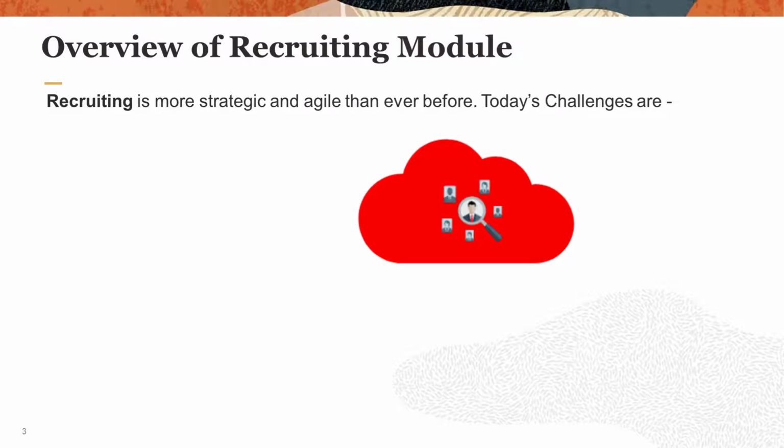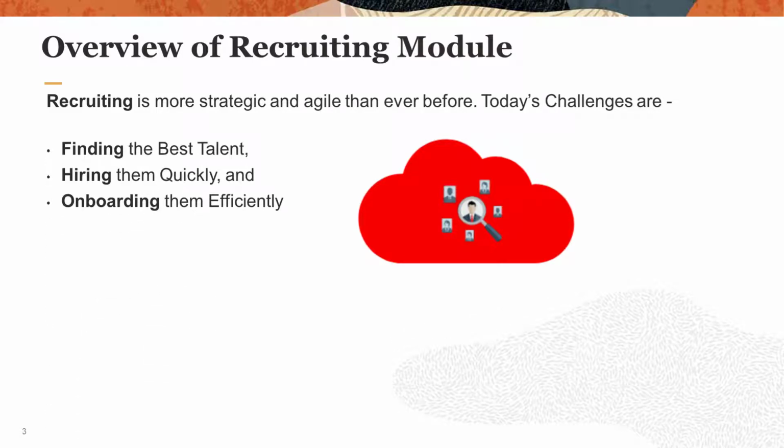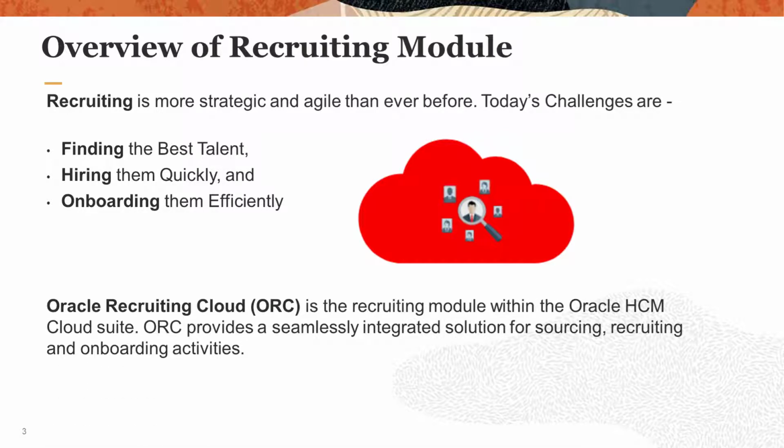Today's challenges are finding the best talent, hiring them quickly, and onboarding them efficiently. With the help of the recruiting module, recruiters and hiring managers can find the best candidates for a job. It also provides career sites for employees and external candidates to search, discover, and apply to jobs using a smooth application process.